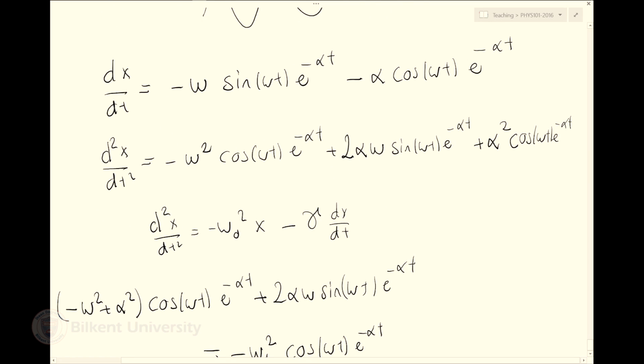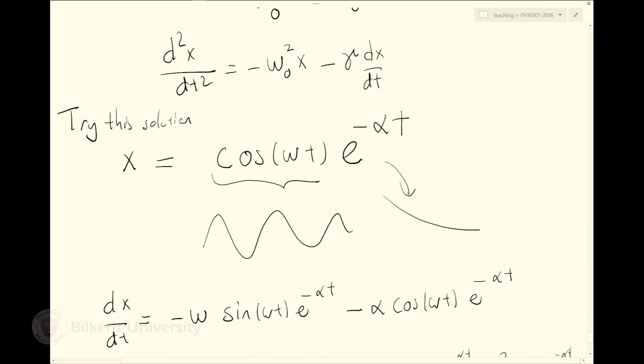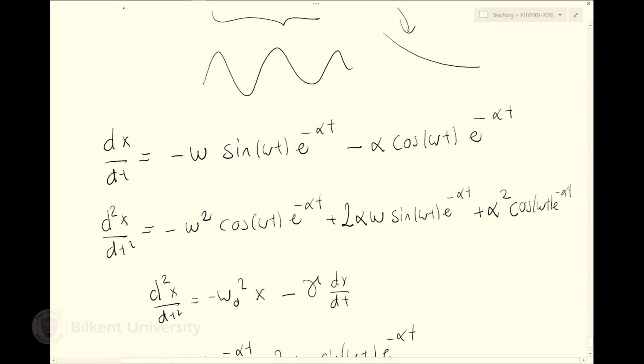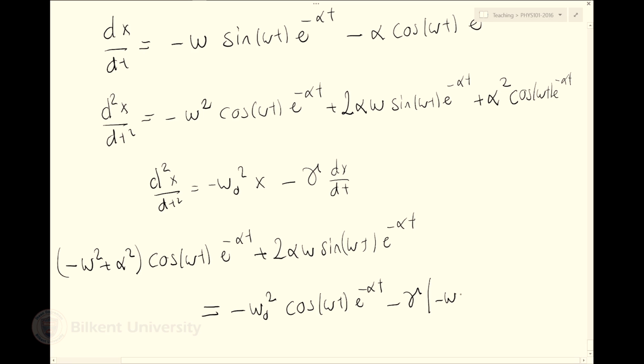That was just x. And then what else did I have? Minus gamma times dx dt, which will be minus omega sine omega t e to minus alpha t minus alpha cosine omega t e to minus alpha t.